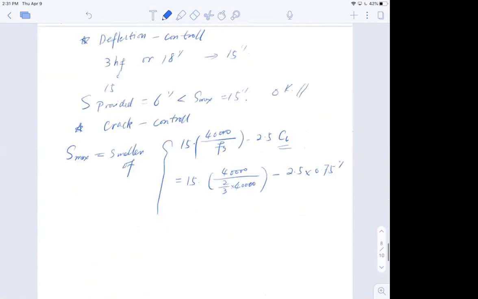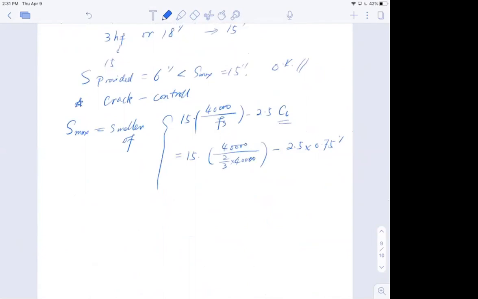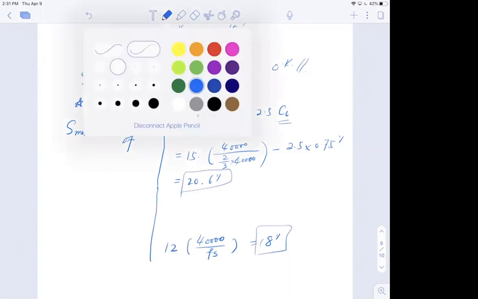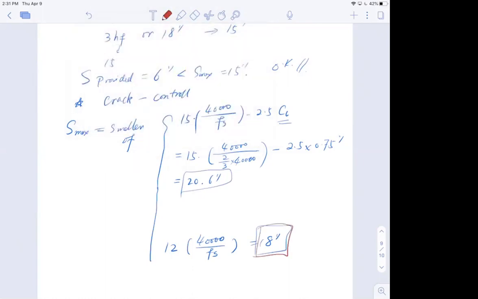So now with all this, I got a number equal to 20.6 inches. Now don't forget there's another equation, 12 multiplied by 40,000 divided by fs, and this gives me 18 inches. Comparing 20.6 and 18, of course 18 is smaller, so it governs.